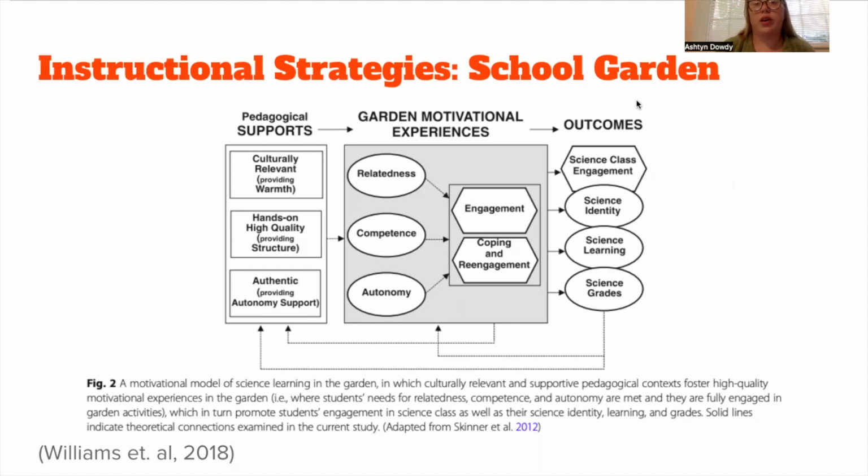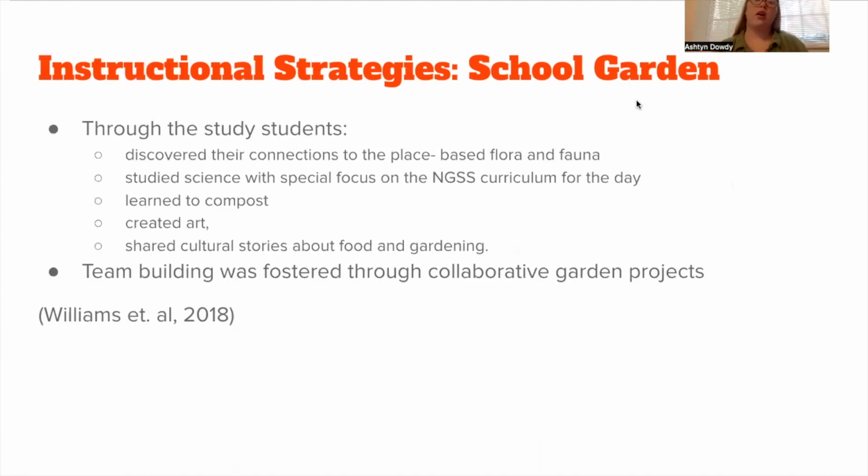Again, looking here at our figure 2. So through the study, again, this study commenced over a year. Students discovered their connections to the plant-based flora and fauna. So again, students actually got to see native plant life and things like that out in these gardens, and apply that to their learning. They studied science with a special focus on NGSS curriculum for the day.